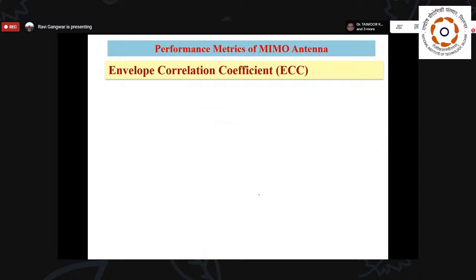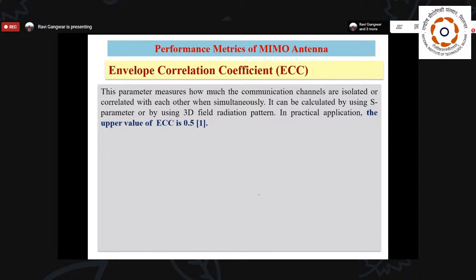The first and most important parameter is the envelope correlation coefficient. If we define the envelope correlation coefficient, we can say that it tells us how independent two antennas' radiation patterns are.